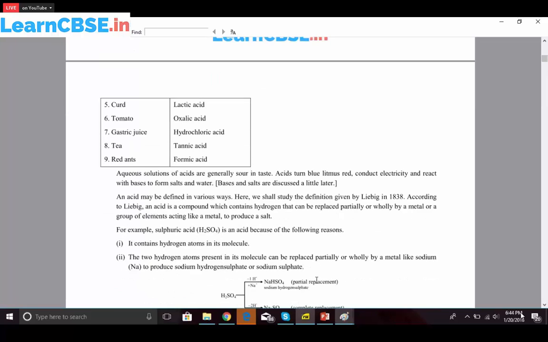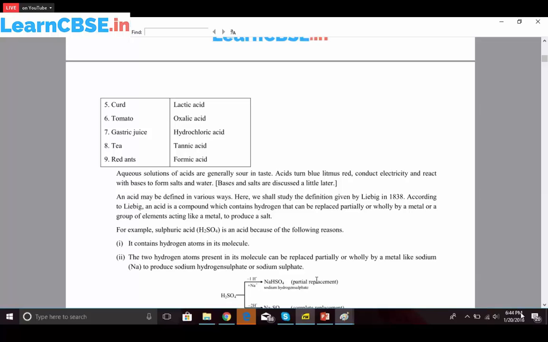Okay, so how can we find out the acid? We can use litmus paper. Litmus is just a pigment which we get from plants. There are two litmus papers: one is the red litmus, another is the blue litmus. If you use the blue litmus, it turns red, which indicates the presence of an acid.